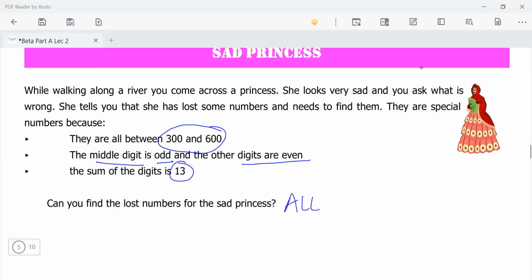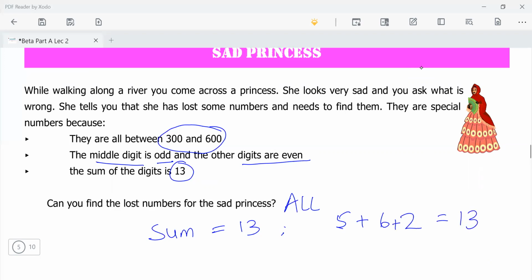How many are there? I think a good place to start is when you talk about the sum equals 13. Can you think of 3 numbers that add up to 13? Let's just take 5 plus 6 plus 2.